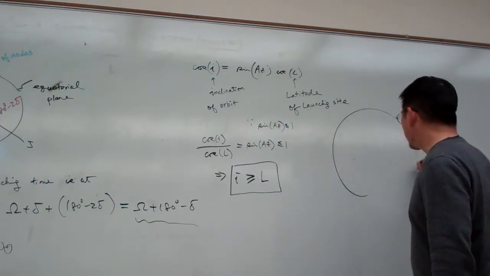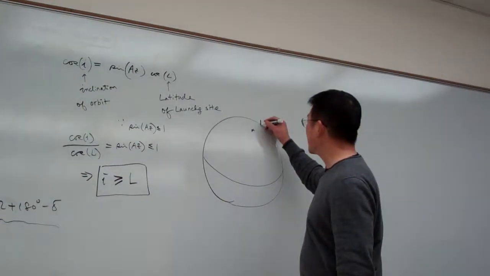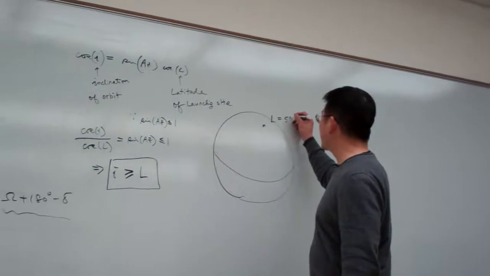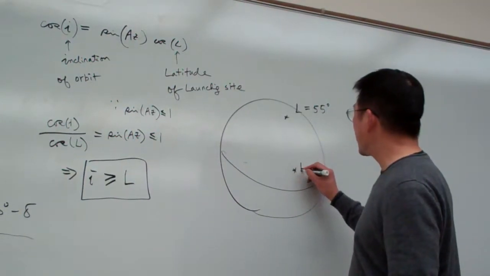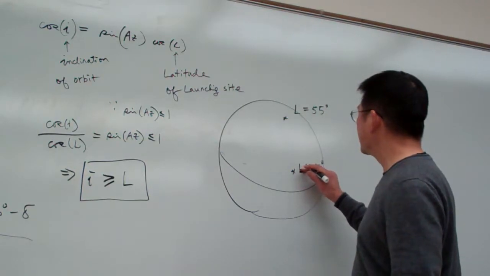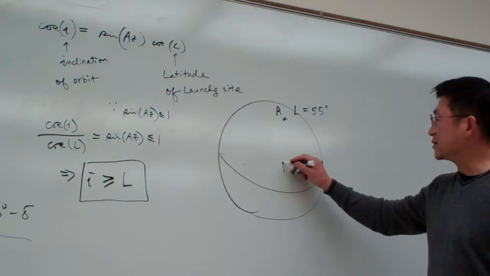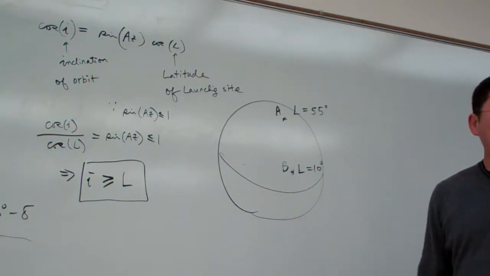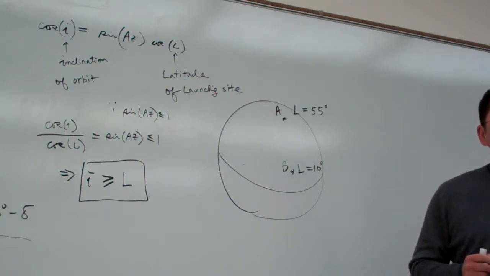Say if this is the Earth, here we have a site with latitude equal to 55 degrees. The other one to compare is this L equal to 10 degrees. This is launching site A, this is site B. Which site will give us more flexibility to design the orbit?